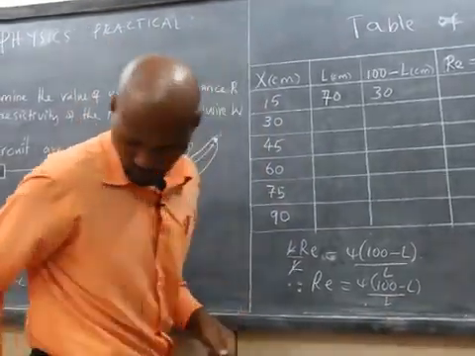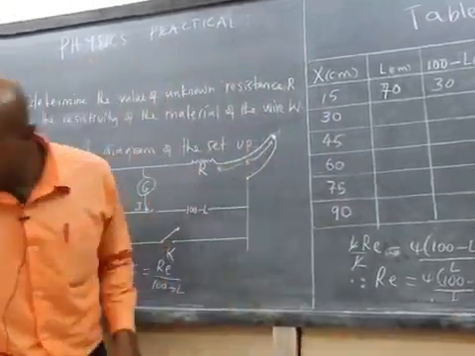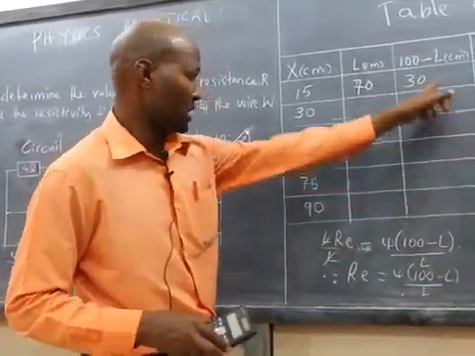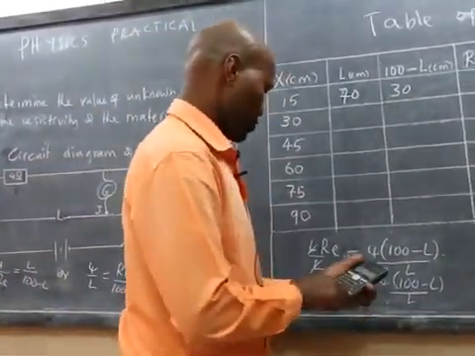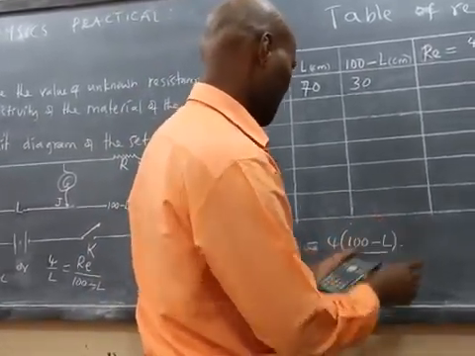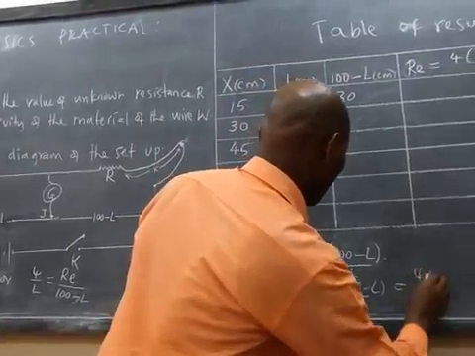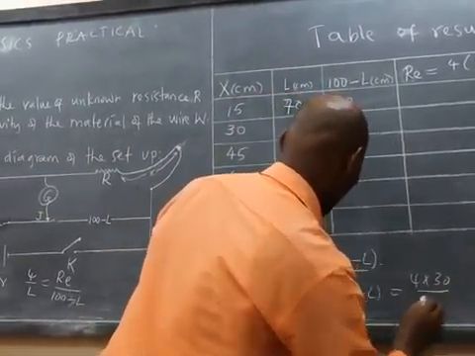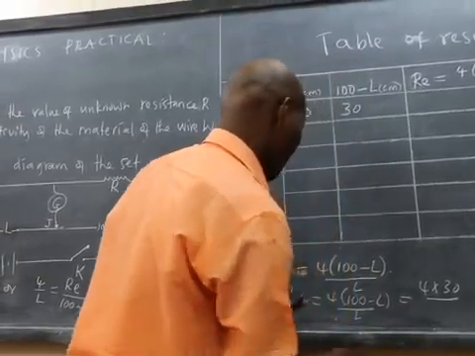So for this case now, 4 times 100 minus 70, is 4 times 30 over 70.